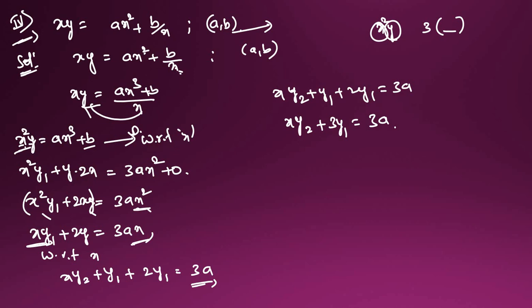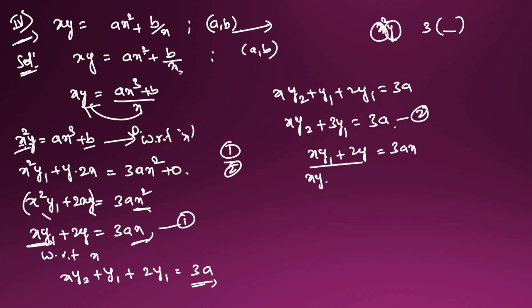After that, from this we'll take this as 1 and this as 2, and do 1 by 2. So 1 is xy1 plus 2y is equal to 3ax, divided by xy2 plus 3y1 is equal to 3a, and 3a will get cancelled if we do cross multiplication.